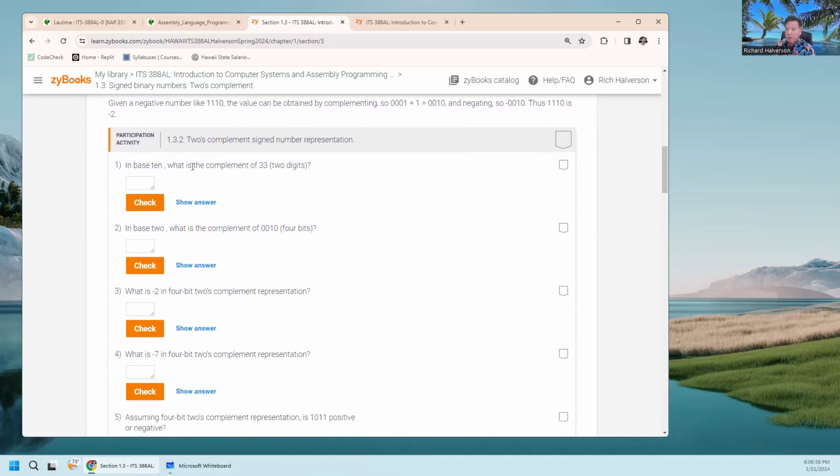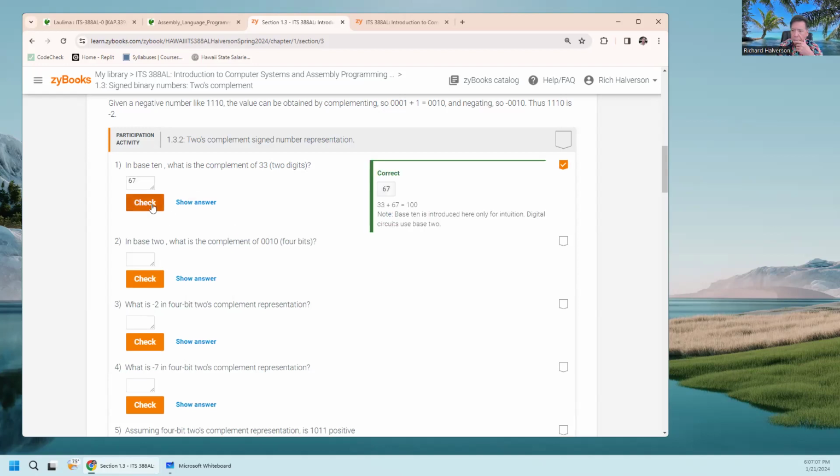In base 10, what is the complement of 33? Well, it's 100 minus 33, which is 67, I think, right? Yeah, because 33 plus 67 is 100. In base 2, what is the complement of 0, 0, 1, 1?